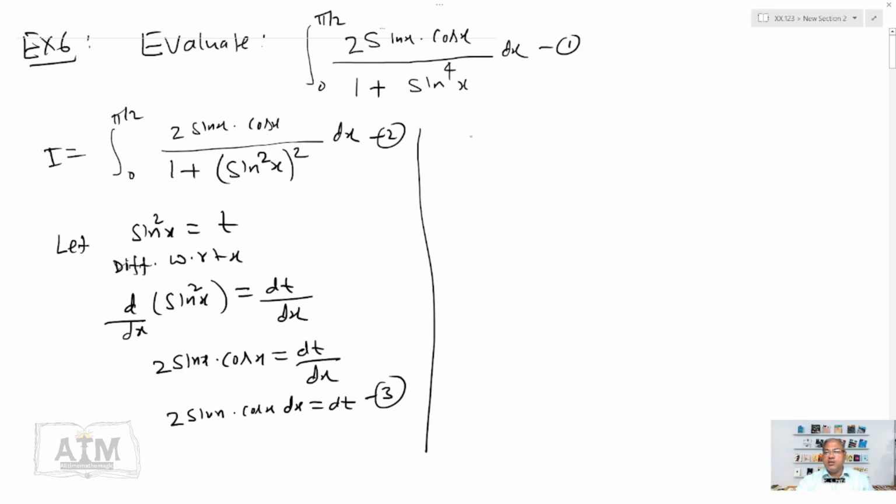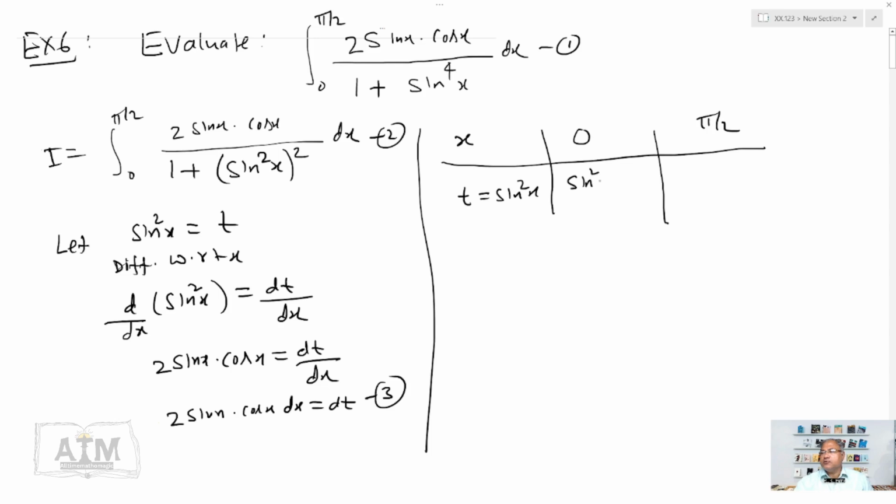Now we have to change the limits. Here are the x limits and here are the t limits. t is nothing but sin square x. So the x limits are 0 and pi by 2. Here sin square 0 equals 0. Here sin square pi by 2, that is 1 square, equals 1.